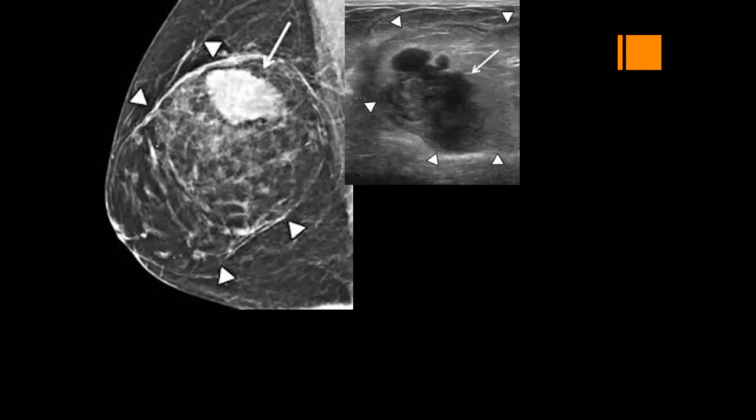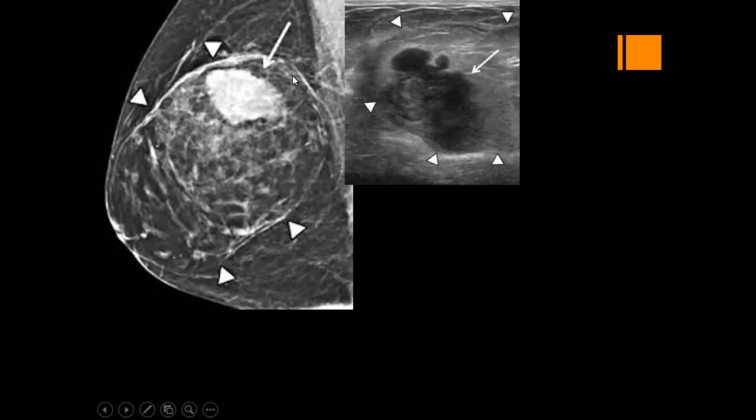But the fibroglandular component, cancer can arise in a hamartoma like in the usual breast. But this is extremely rare. We just have to be cautious. I brought this just to be cautious.